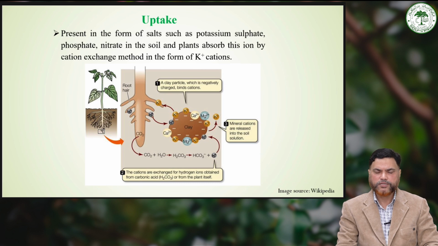Integral membrane proteins like transporters and cation channels facilitate potassium uptake and transport throughout the plant body, allowing it to pass through the plasma membrane.